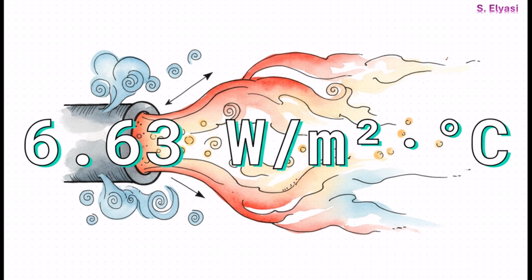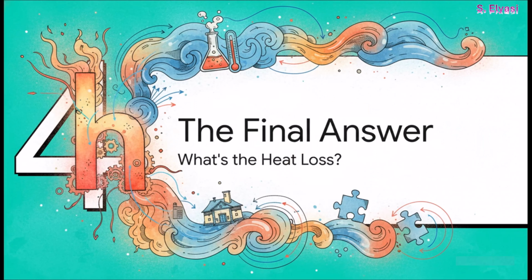This number is incredibly useful. So what does it mean? It means that for every single square meter of the pipe's surface, and for every single degree of temperature difference between the pipe and the air, 6.63 joules of energy are being carried away every single second. So we have our H value, we have all the pieces of the puzzle. Now we can finally go all the way back and answer that original question we started with.